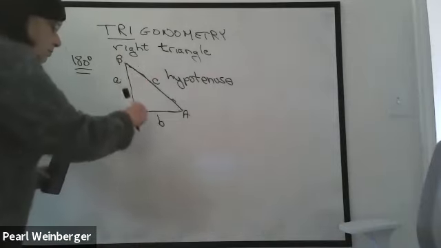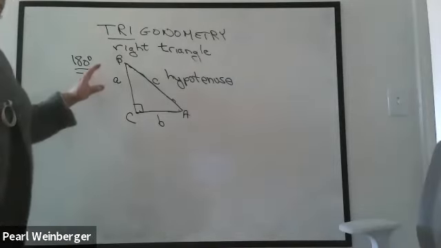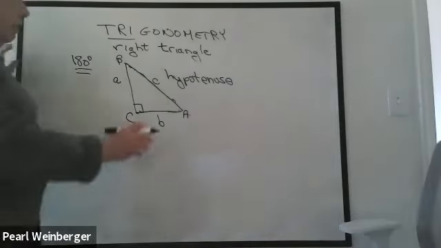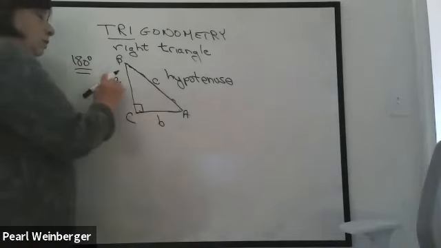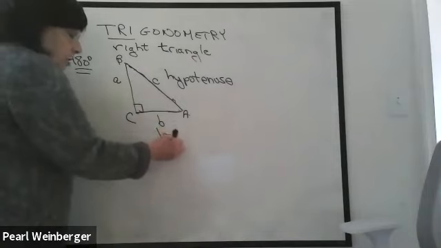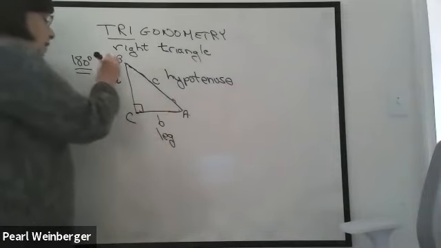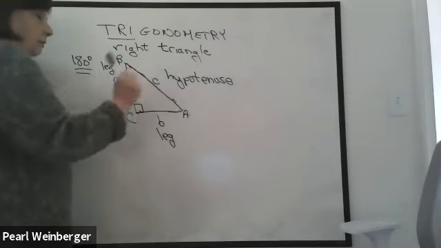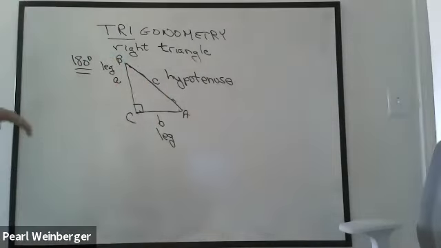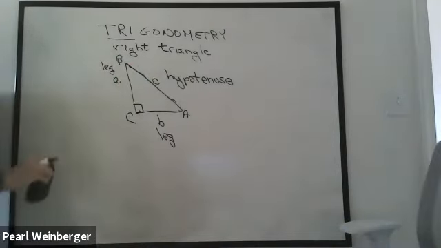Notice I made this little square corner to indicate that that's the right angle. The two other sides of the right triangle, the ones that are not the hypotenuse, are called the legs. So there's leg B, and there's leg A, and there's hypotenuse C. This is just, again, introduction, probably things I've heard of before.